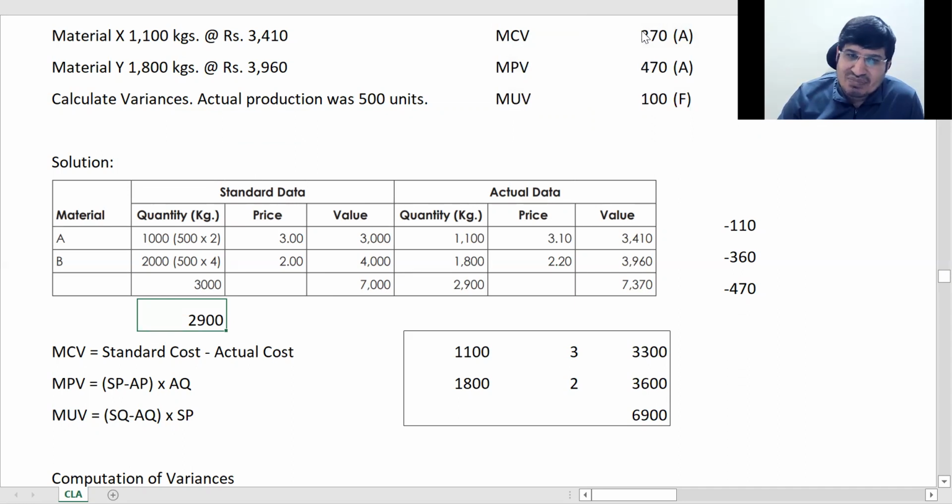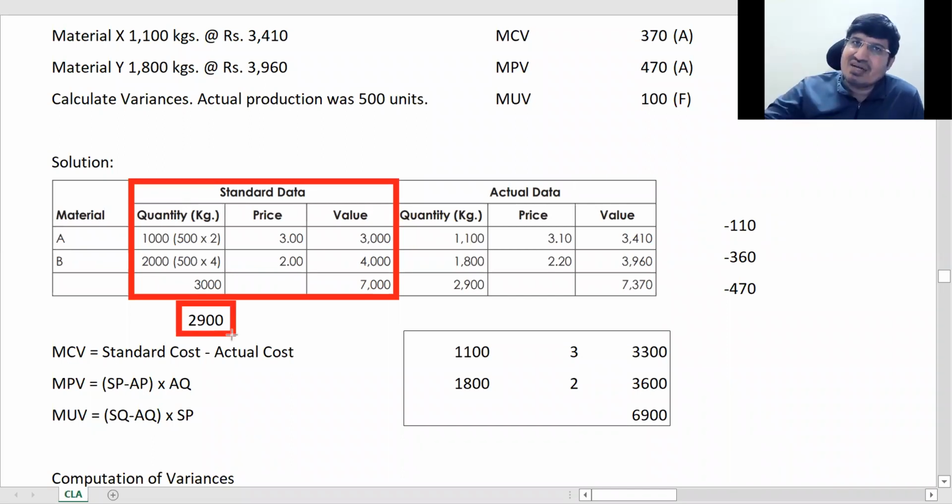ठीक है. ये हम अगले इसमें करेंगे. So this, in this part, what I am saying is this standard data, I am just breaking it up into two things. One is for 2,900 units, another one for 100 units. ठीक है. तो मैं क्या करूंगा? तो मैं ये बोलूंगा जो 100 यूनिट्स जो आता है वो तो पूरा उड़ गया. Okay, that will be yield variance. That is sub usage variance.